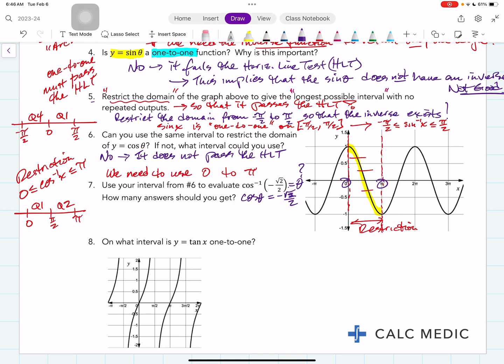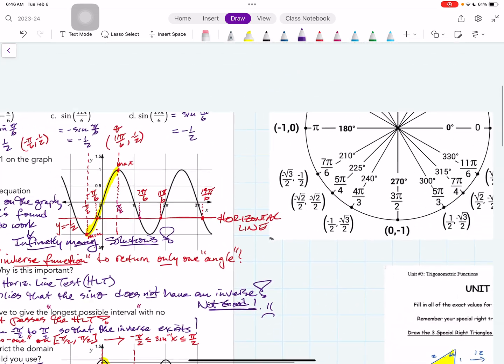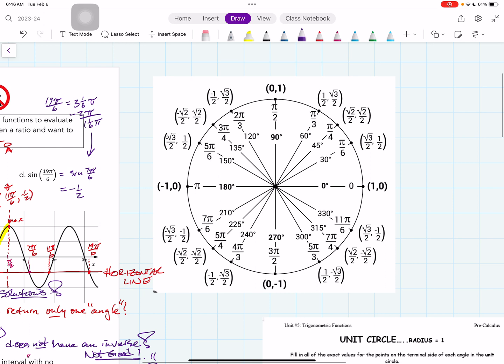Well, it's got to be a quadrant 2 angle, so theta must be in quadrant 2 because the ratio is negative. Let's go over here to the unit circle. Notice the cosine values; look at the x coordinates in quadrant 2.